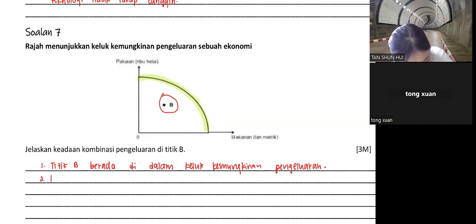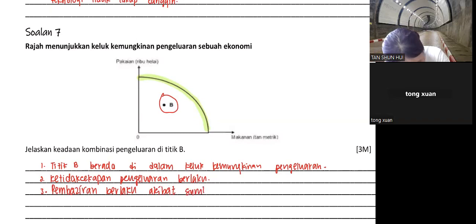So, tidak cekap pengeluaran berlaku. Okay, why tidak cekap pengeluaran berlaku? Oh, because I didn't go all out, and wastage. Pembaziran berlaku. Okay, why? Akibat sumber ekonomi tidak digunakan dengan sepenuhnya. Okay.